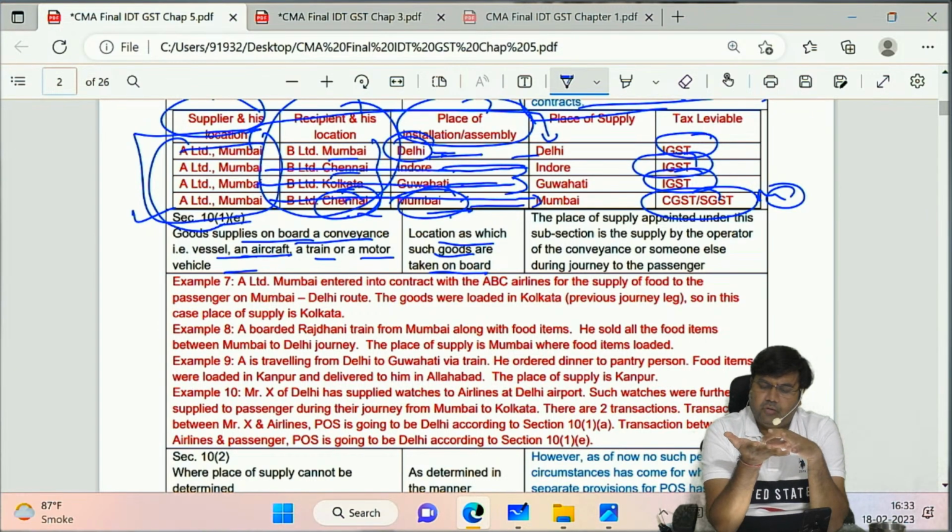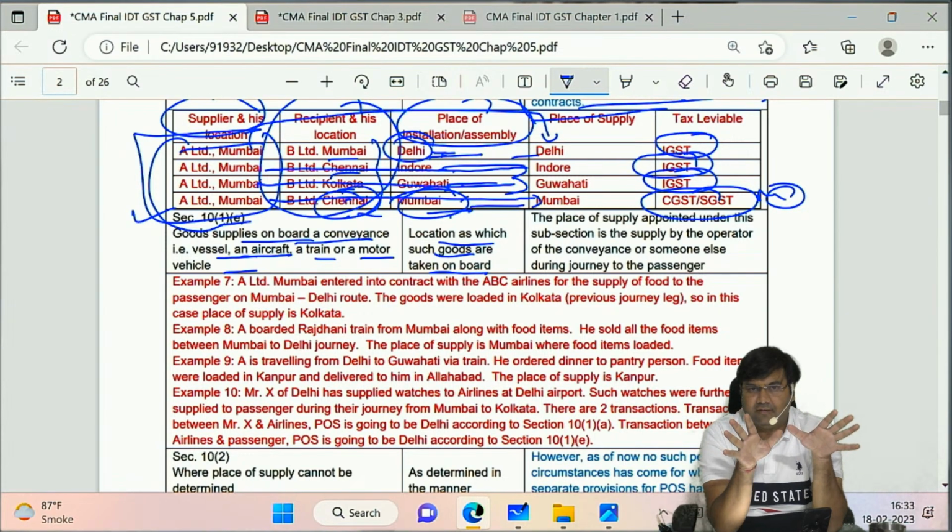So you took the sleeper class ticket. You would like to go from Bangalore to Delhi. In between, you are going to see various vendors. They board with the goods and they sell on the train.